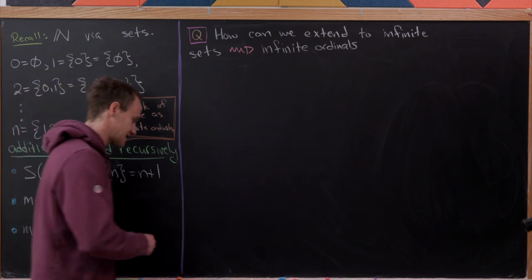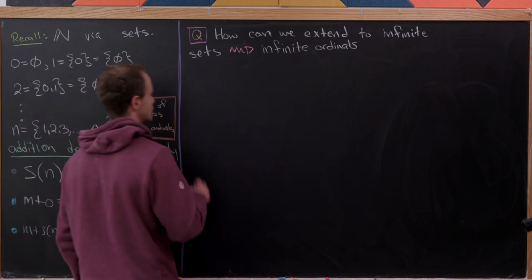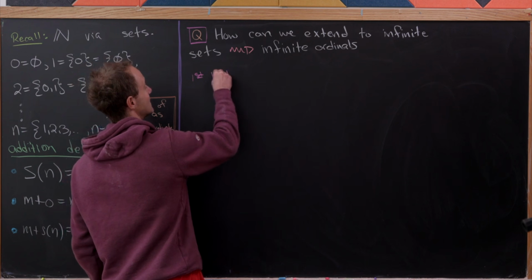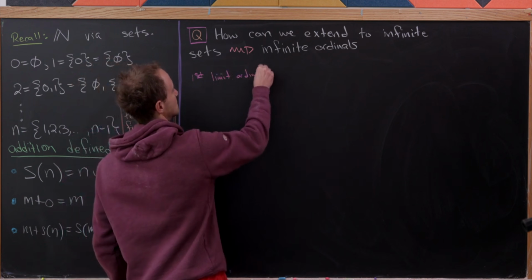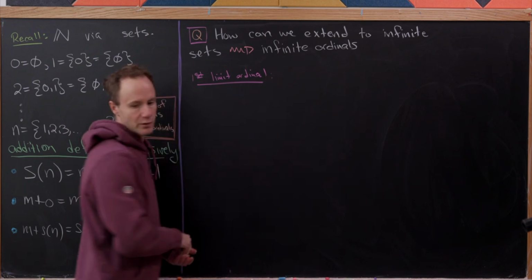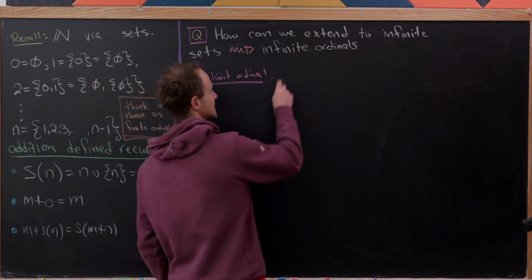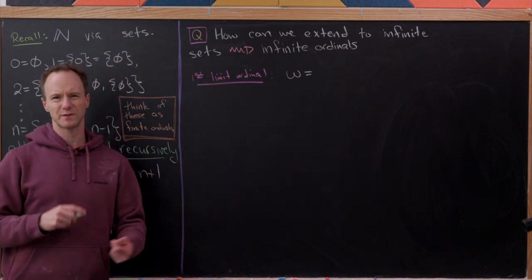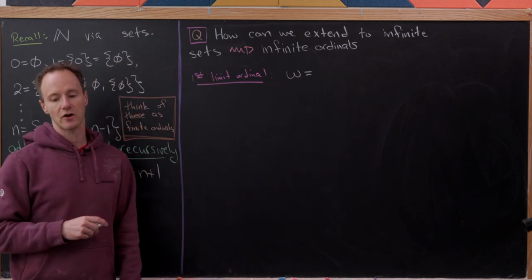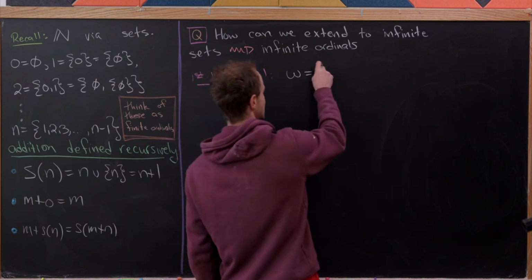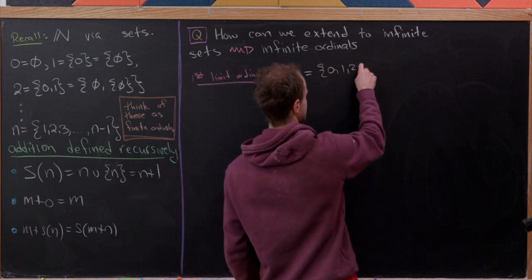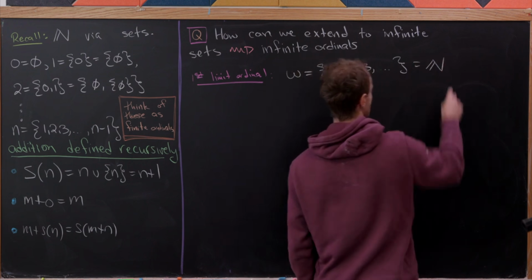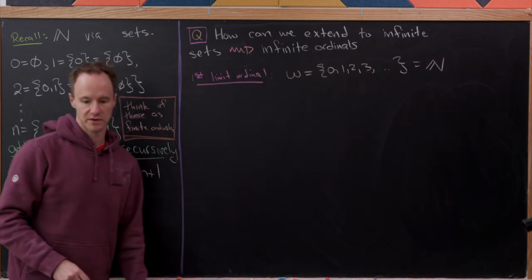And in fact, the set of all natural numbers will be our first so-called limit ordinal. So exactly how would we write that? Well, like I said, it's going to be all natural numbers, but in this world of ordinals, we generally use the letter omega. So this is equal to 0, 1, 2, 3, so on and so forth. So in other words, all natural numbers.